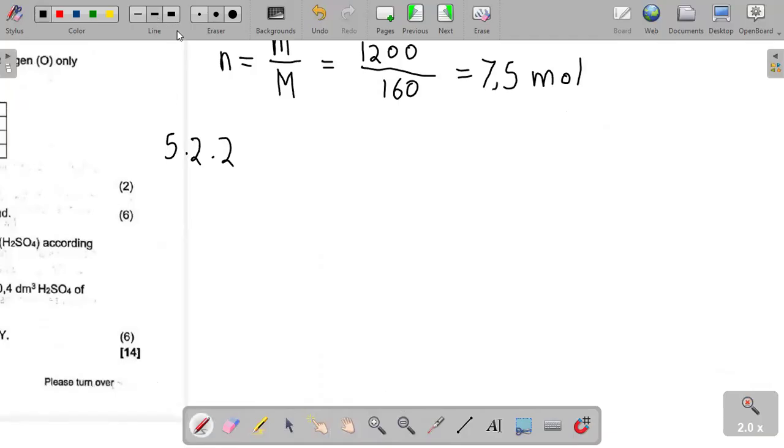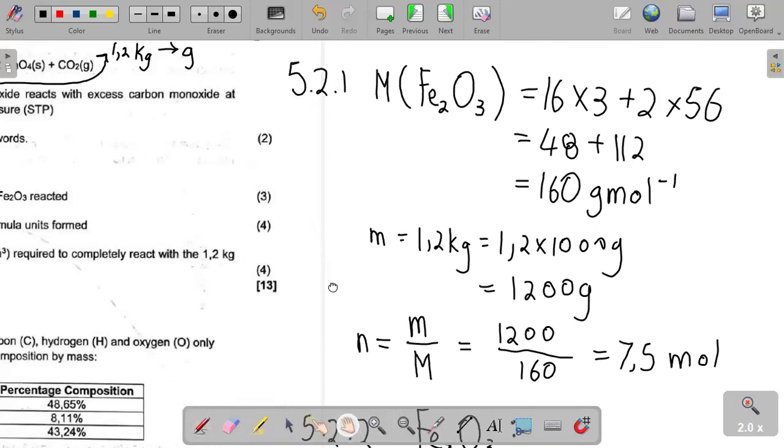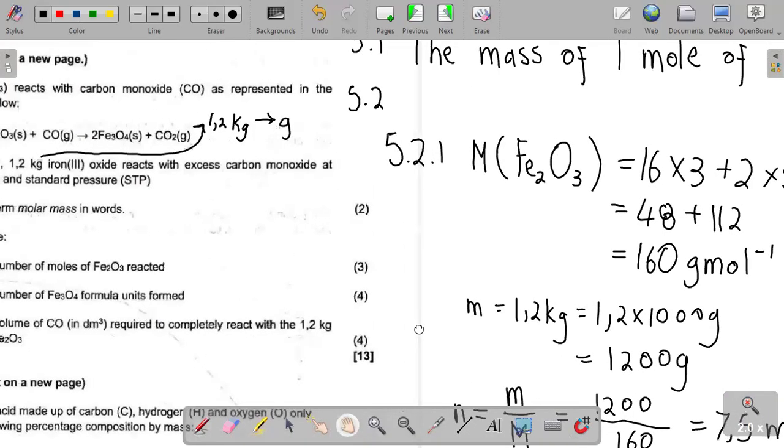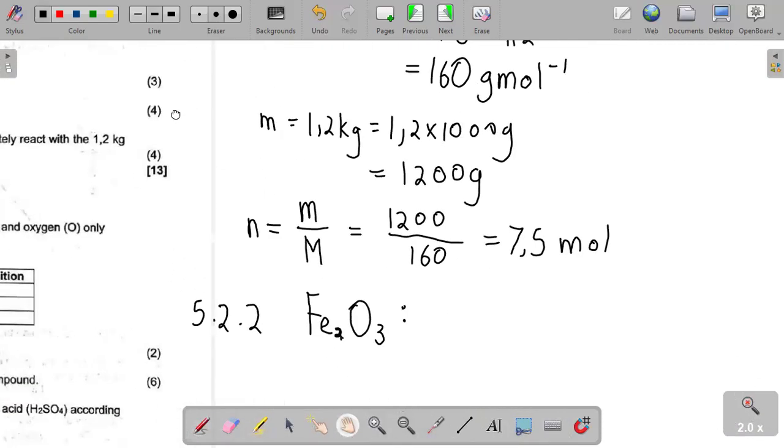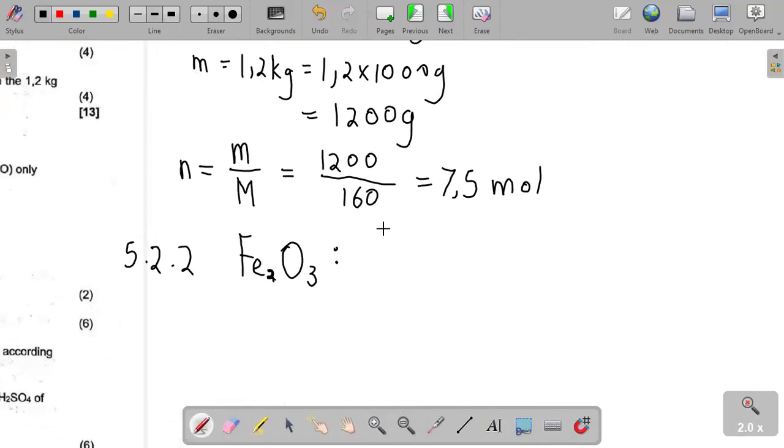So then we say 2, then 4. And then we write down the product on the right side, which is 4, Fe3O4. And then the ratio between the two is how much?